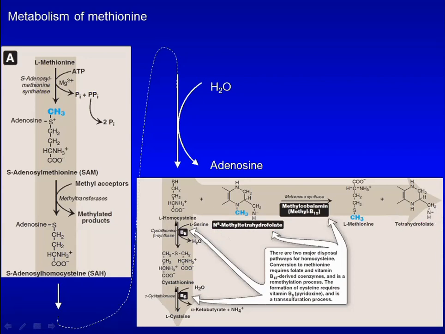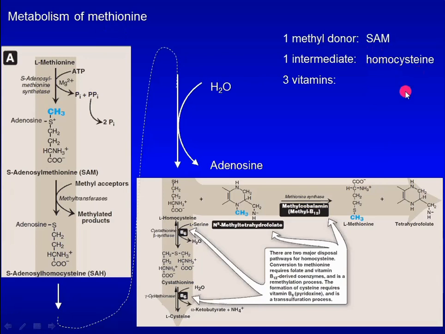Tetrahydrofolic acid can then be used for biosynthesis of other compounds. Metabolism of methionine can be summarized in 5 compounds: one methyl donor, SAM, one intermediate, homocysteine, and 3 vitamins, vitamin B6, B12, and folic acid.